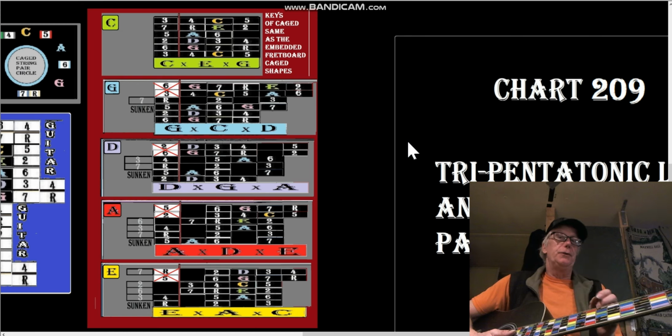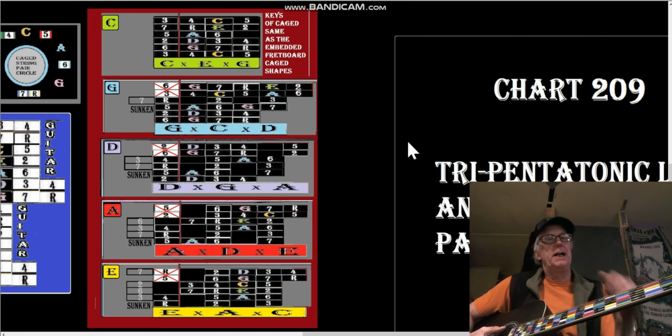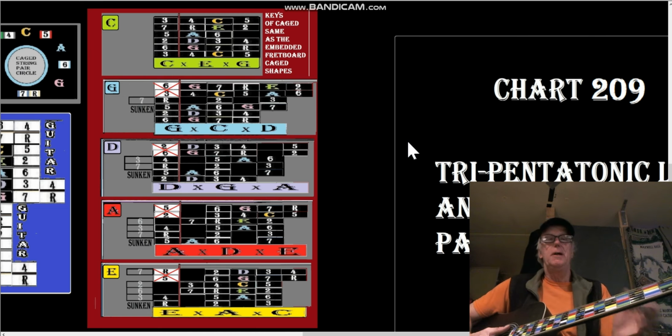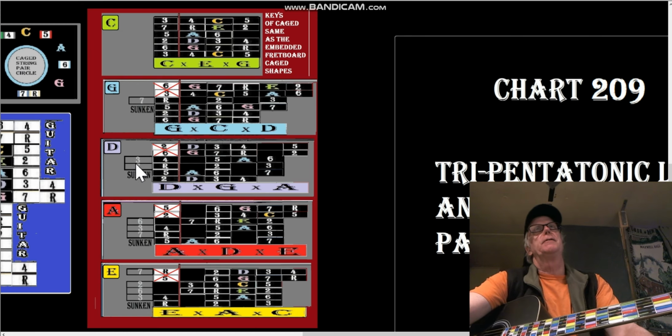Now to do the regular D is what? The regular D-shaped diatonic, B. Okay, so we still can't get these notes down here with the D. We can't get the 3 and the 7.